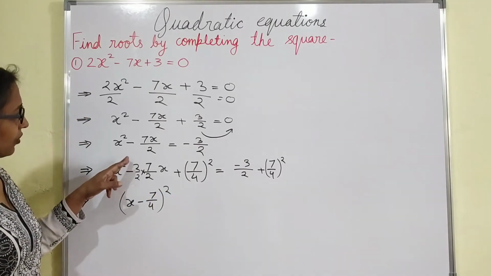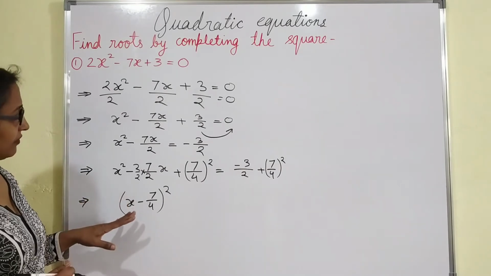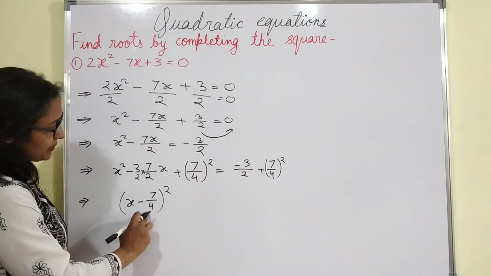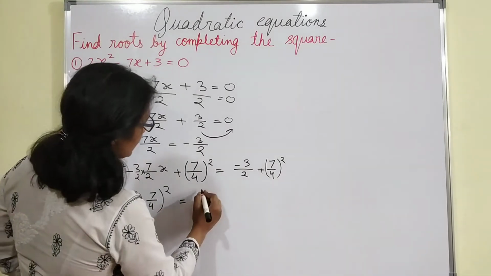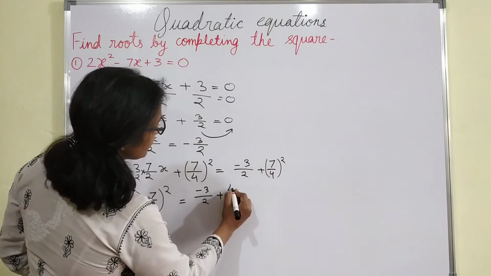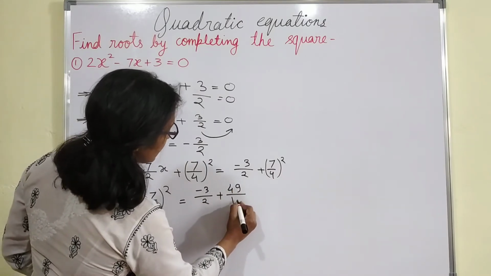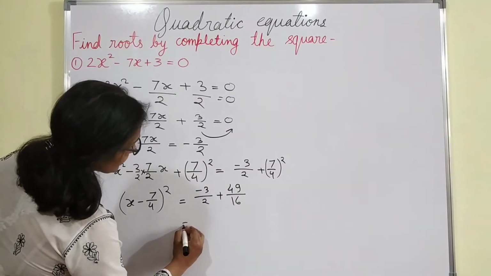If you want to write this step here, you write, otherwise you can leave it. So it is becoming like this, equals minus 3 upon 2 plus 49 upon 16. Now solve this equation.